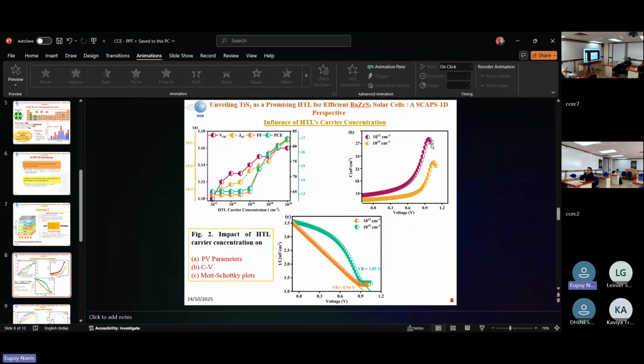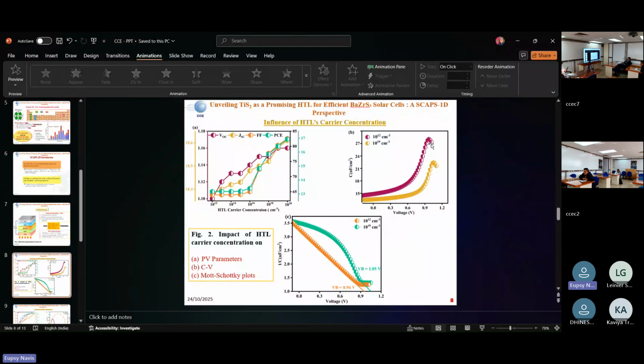But interestingly, when the carrier concentration increases, the accumulation capacitance is reduced, as shown in figure B. So when the accumulation capacitance is reduced, the charge carriers move easily towards their contacts without any barriers. Therefore, it refrains the recombination. On the other hand, we could see from the built-in potential from the Mott-Schottky plots in figure C that when the carrier concentration is less, the built-in potential is 0.94 volts.